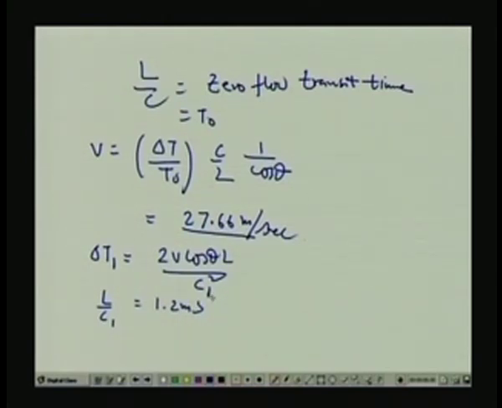Taking that there is no change of the velocity of sound, that means it is 500 meter per second, I will get L equal to 1.2 into 10 to the power minus 3 into 500. So, it is coming as 0.6 meter.